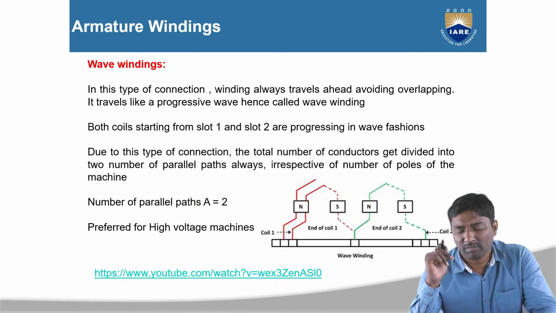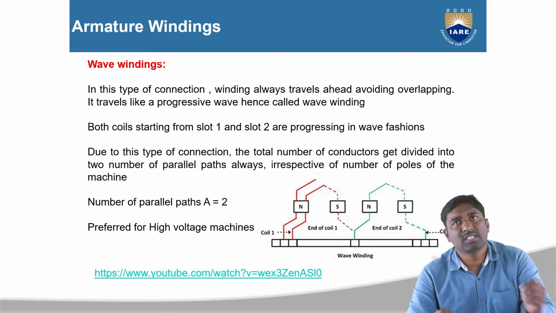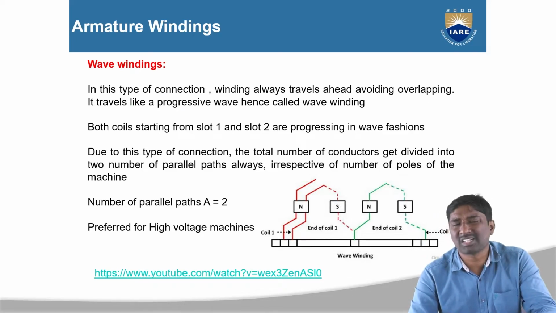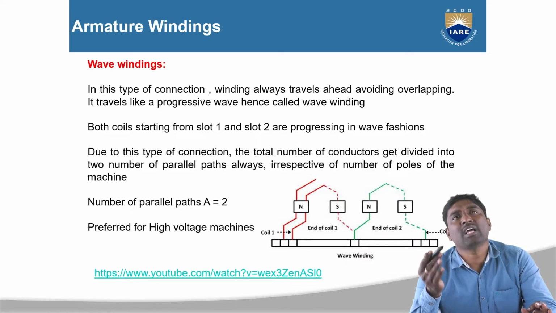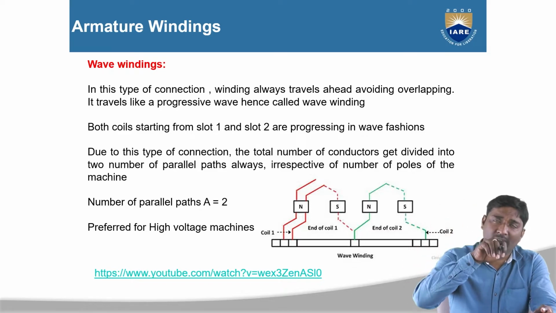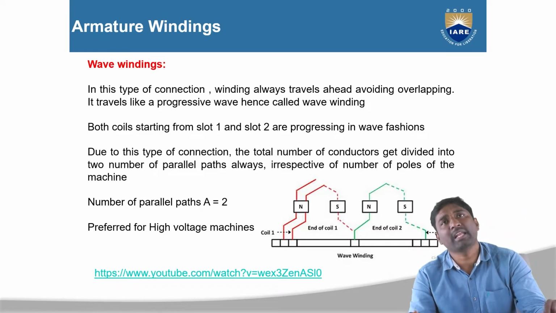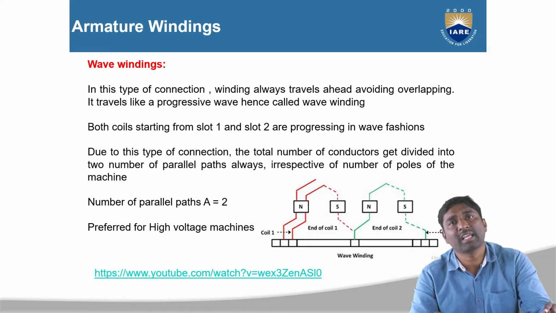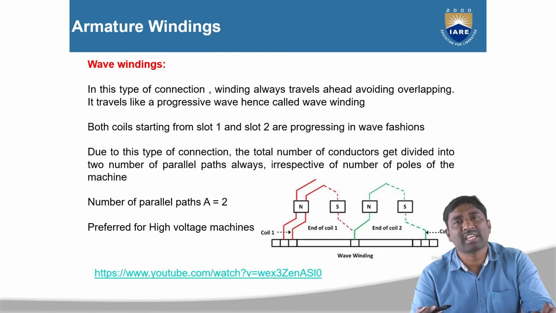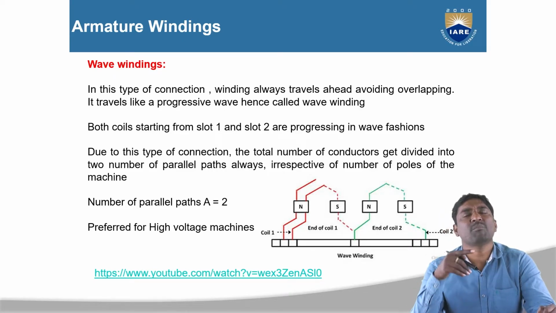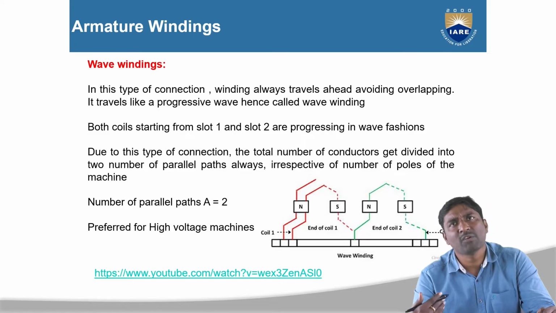In this type of connection, the winding always travels ahead, avoiding overlapping. In lap winding we get overlapping, but in wave winding we do not get overlapping. It travels like a progressive wave, hence this is called wave winding. Because of traveling progressively, we call it wave winding.